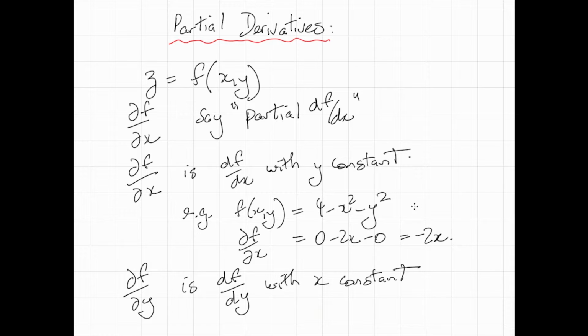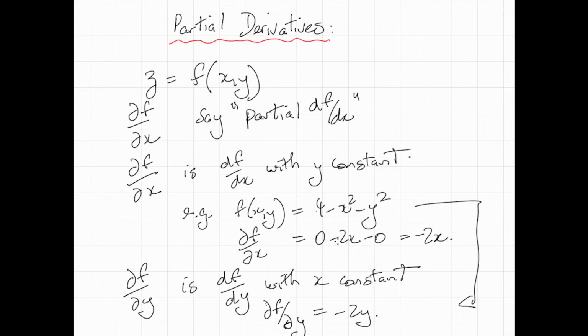So using the same example here, partial df dy is equal to, go back to our function, x is constant, so the derivative of a constant is 0, the derivative of another constant is 0, so that'll be just equal to minus 2y. So that's partial derivatives. Now, what are they and what do we use them for?